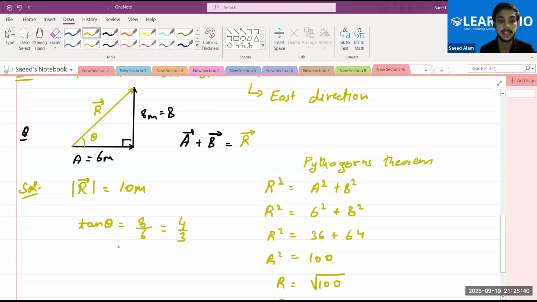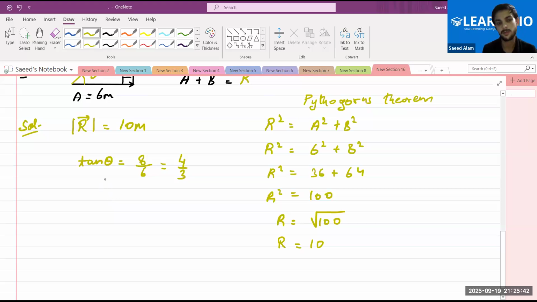And now what I can say here is, when tan theta is 4 by 3, had I told you about this? It is 4 by 3 when it is 53 degrees. Yes, exactly. So theta will be 53 degrees.